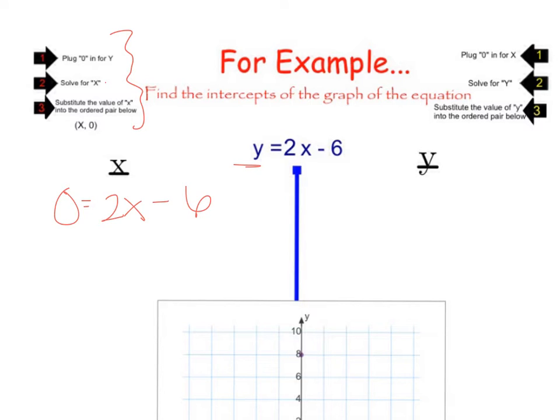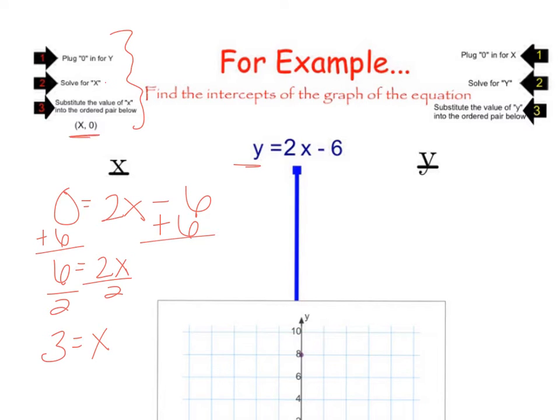So let's add 6 to both sides so that the equation is 6 equals 2x. Let's divide by 2 on each side so that we get 3 equals x. So my x-intercept is 3. Now it says to substitute that value into this ordered pair. So I would write my x-intercept as (3, 0).